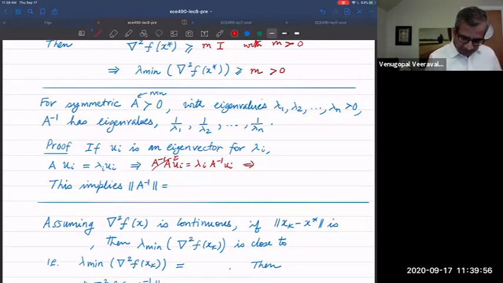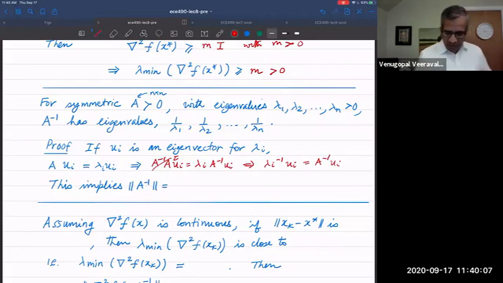So you get (1 over lambda i) ui equals A inverse ui. And so you conclude that 1 over lambda i is an eigenvalue of A inverse with the same eigenvector ui.